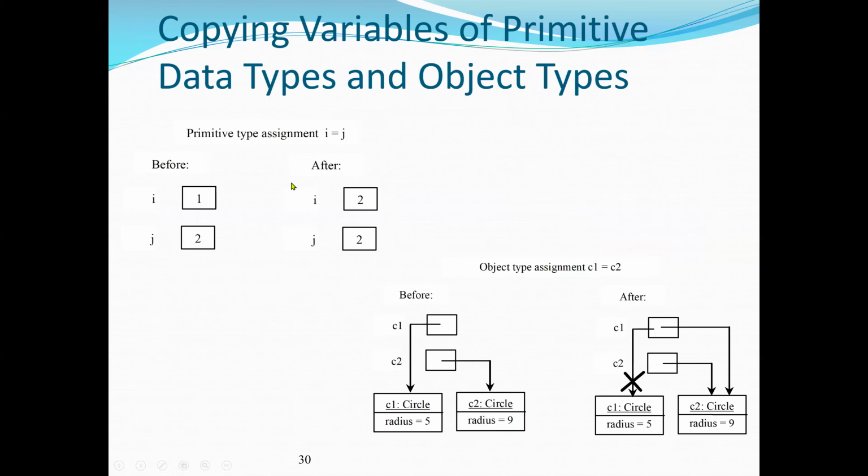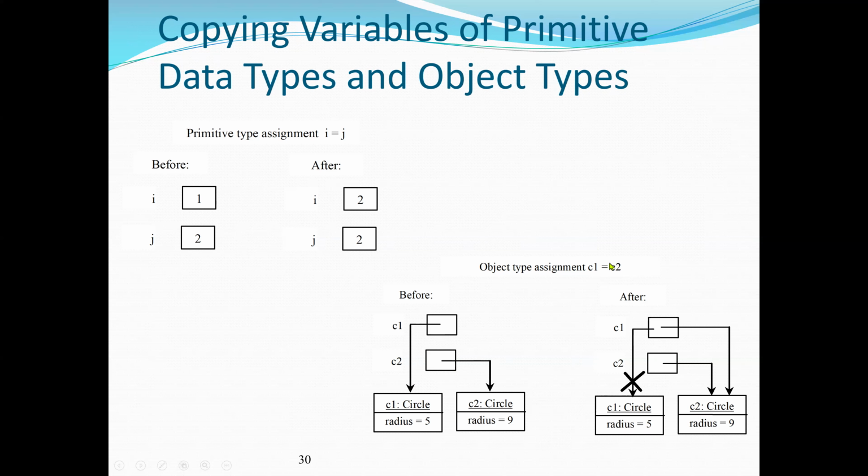If we are using the assignment operator for primitives, like i equal to j, it's okay, they are different memory locations. But for object types, if you use the equal sign or assignment operator, what will happen is that the data will still be there, but the arrow pointing to the address may change. So for example, here we say c1 equal to c2. First, c1 points to one location, c2 to a different location.